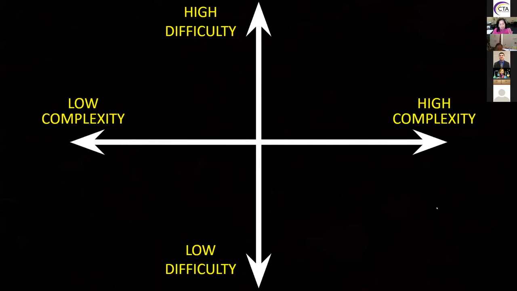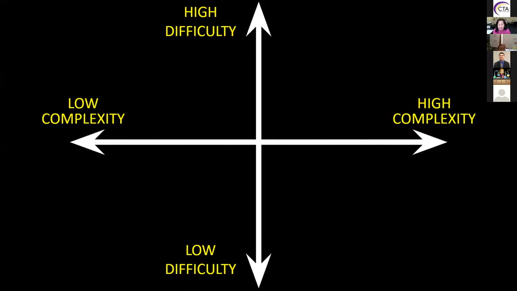As a first, second, third, fourth year teacher, I felt more safe to be on the left side, low complexity, low difficulty. That's why on Tuesday, when we were going over this, we also highlighted the verbs, because those verbs, through Bloom's taxonomy, can get you to adjust some tasks to be a little bit more complex.